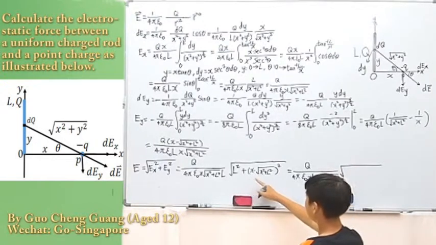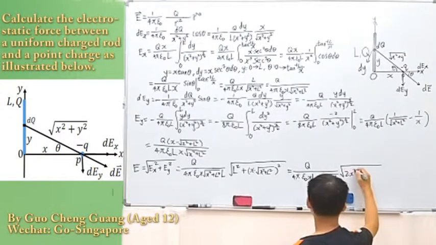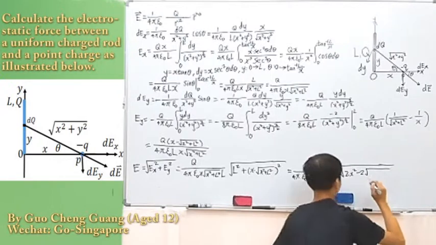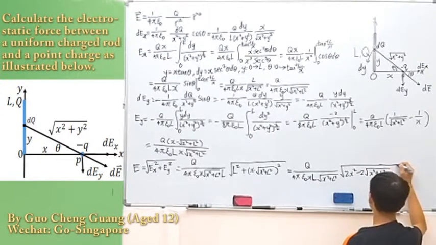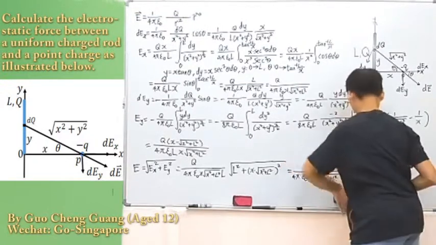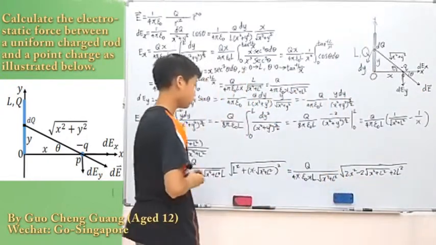So x squared, but when I expand the negative square root of this, then add another of this, you get 2x squared, then subtract 2x times the square root of x squared plus L squared, then you add 2L squared. So this is a final form that you can put for this part.